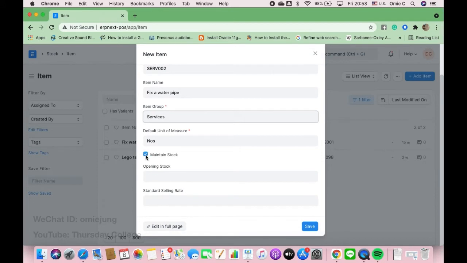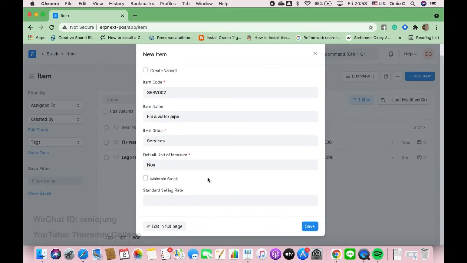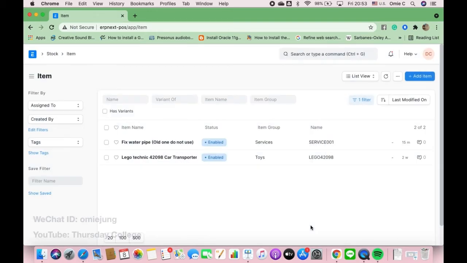We uncheck maintain stock, so we will not care how many fixings we do, because it is a service. Then just save, and that's it.